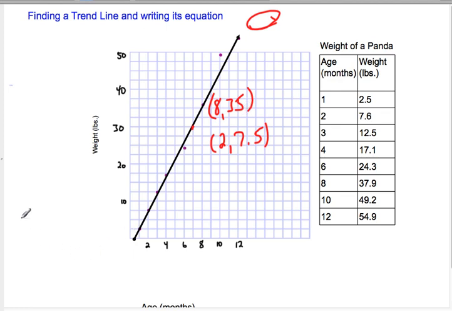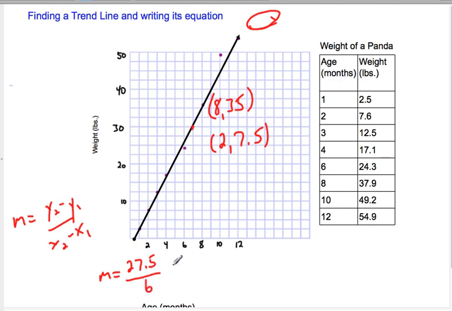Remember to find the slope here, we have m equals y2 minus y1 over x2 minus x1. So in this case, we could do 35 minus 7.5, which is going to be, let's see, take away 10, you got 25, 27.5 over 8 minus 2, which is 6.